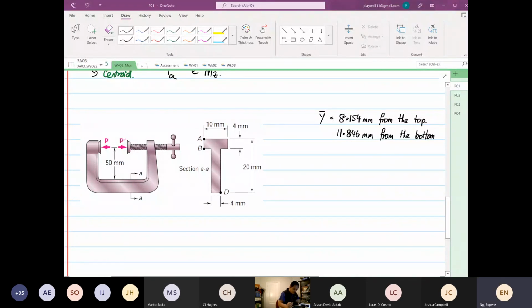From the top, what do I mean? This surface over here is the top, and this is the bottom part. Now, why do I emphasize the preferred way?